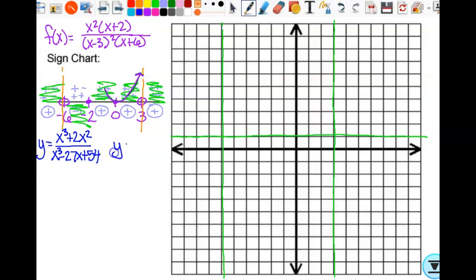And then my horizontal asymptote was at y = 1. So just like on all the rest, I take whatever this is, substitute it in for y here, so I get 1 equals x cubed plus 2x squared over x cubed minus 27x plus 54.